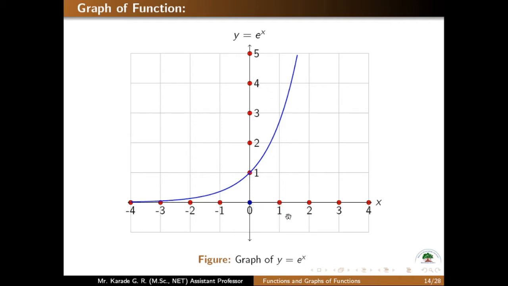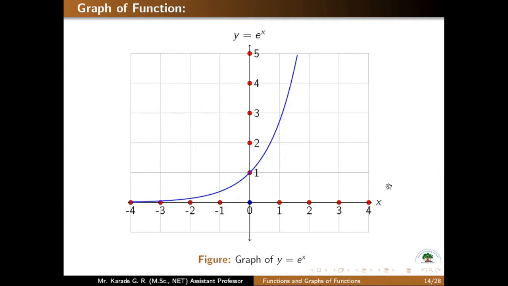So as values of x go on decreasing, the values of the function approach 0. This is the limiting position of that function e raised to the power x. So we can say that the limit of e raised to the power x is 0 as x tends to minus infinity, meaning when x becomes smaller and smaller, the values of e raised to the power x approach 0.